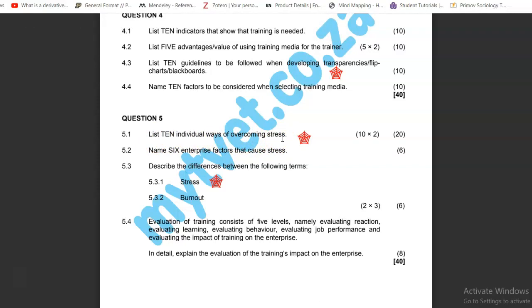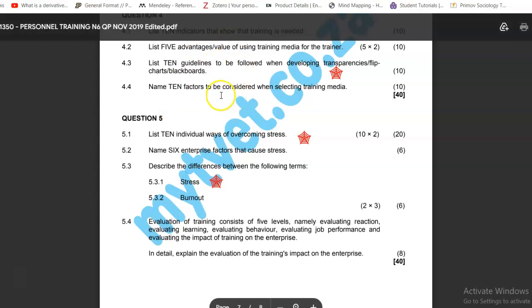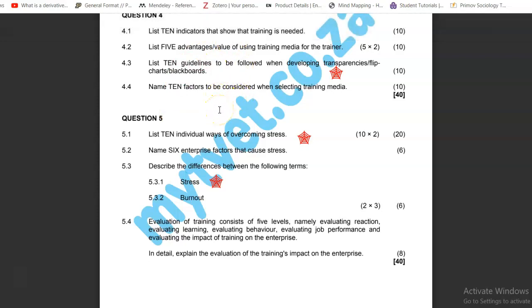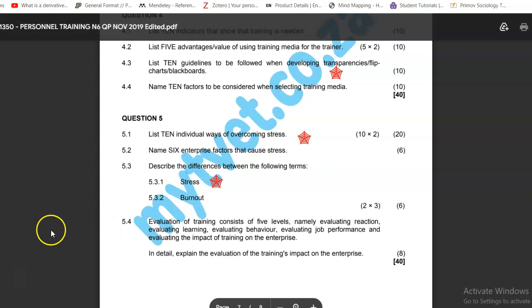Remember, there are 2: there is enterprise and there is individual. So now they are seeking for individual. Name 6 enterprise factors that cause stress. Describe differences between the following: stress and burnout. I told you. So you can see that this question paper is really predictable. I think you will do best.